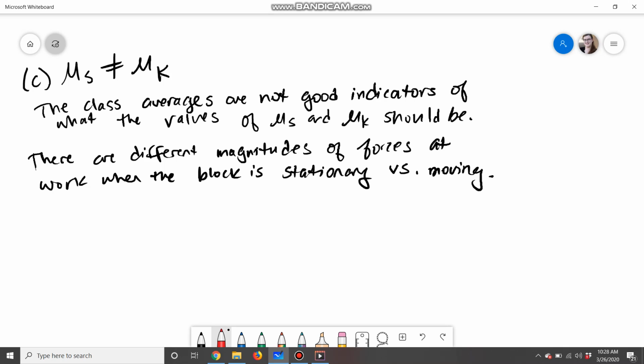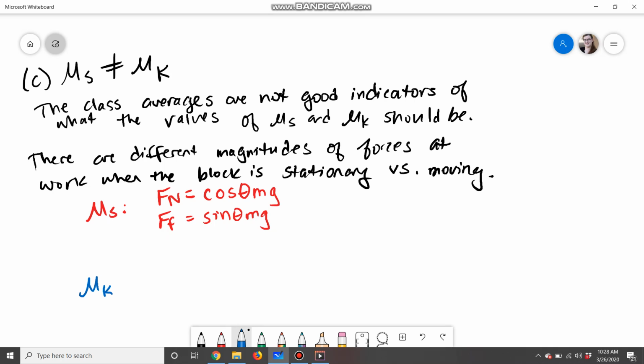And the way I proved this was that when we wanted to find our mu of s, we knew that the normal force was equal to cosine of theta mg, and our frictional force is equal to sine of theta mg. But if we're trying to figure out mu of k, we can't do that.